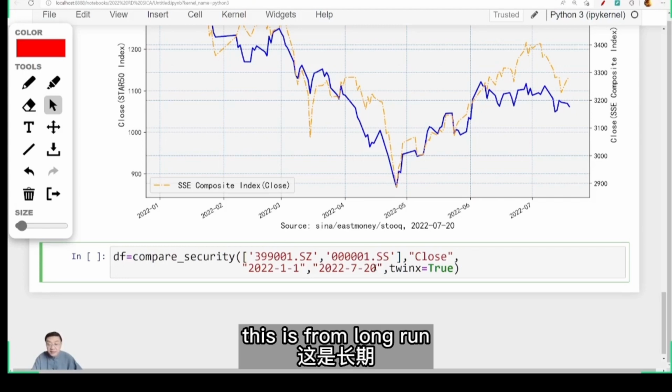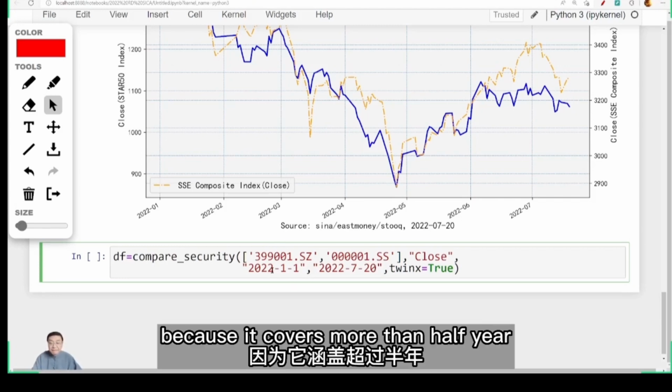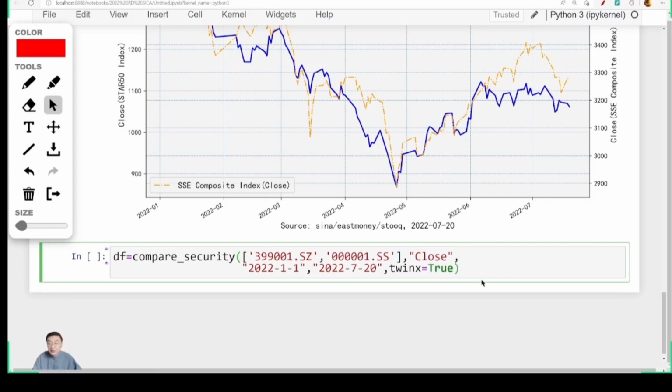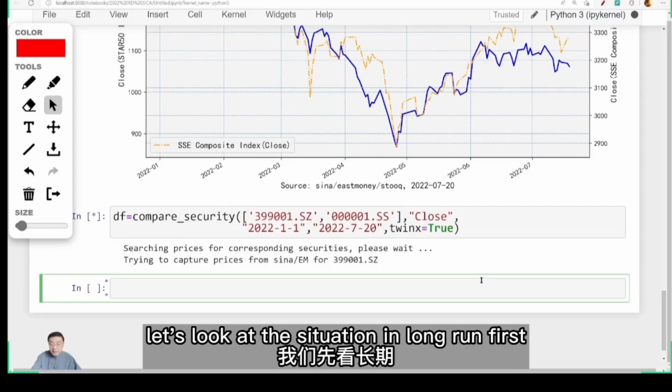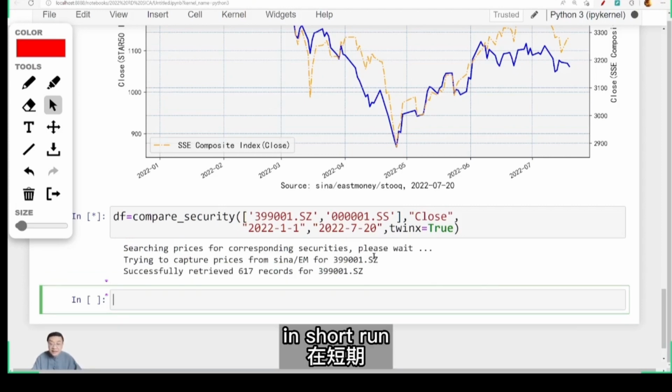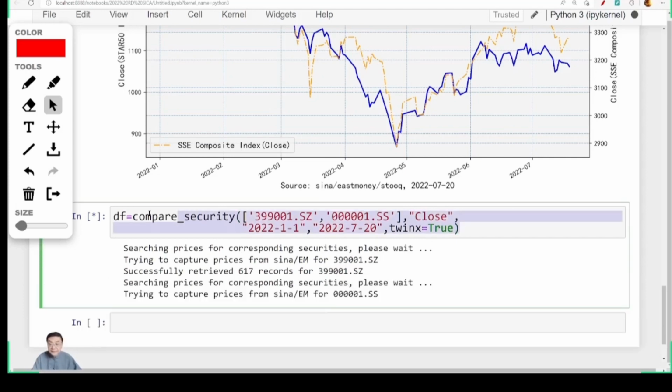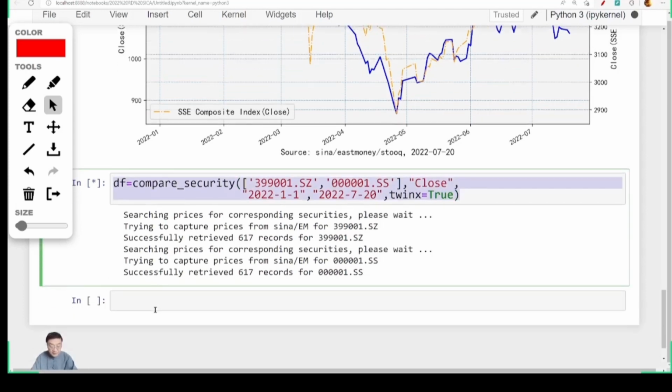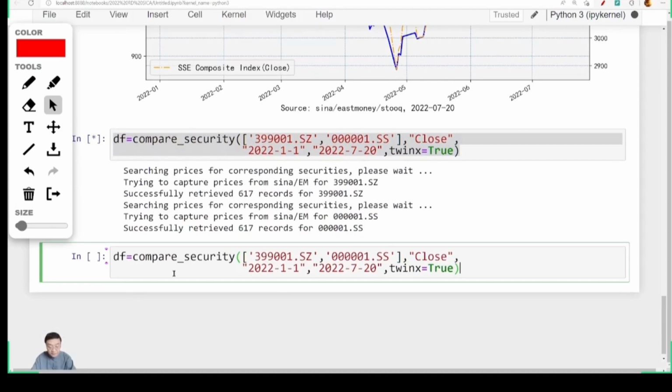This is the long run, and this is the midterm run, right? Because it covers more than half a year. Let's look at the situation in the long run first, then let's compare the differences of these two indexes in the short run, for example, from July the 1st.